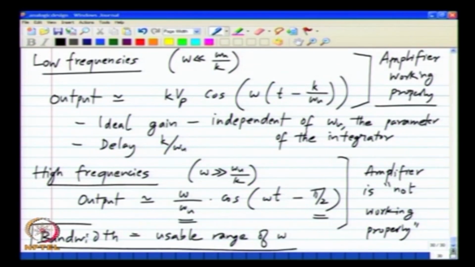Okay. And for this particular case it is equal to omega u divided by k. Now, just like in the time domain response we analyzed, where we saw that if you use an integrator with a higher value of omega u, that is a faster integrator, it will reach steady state faster.